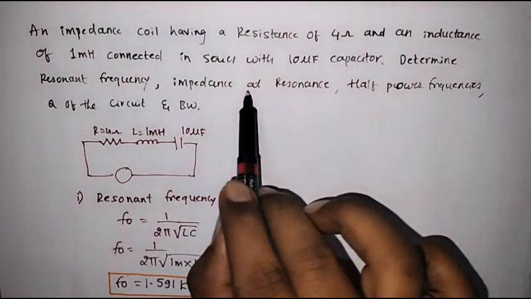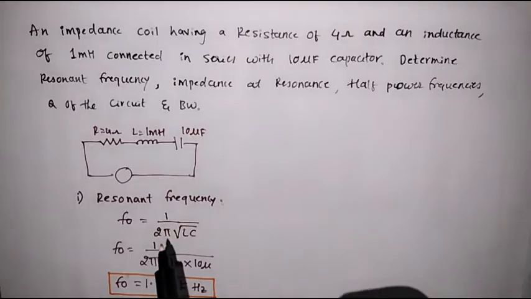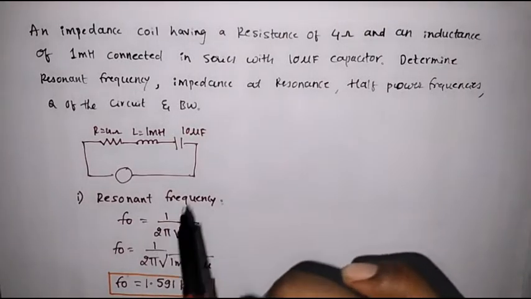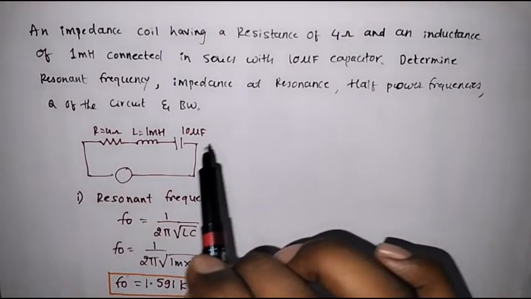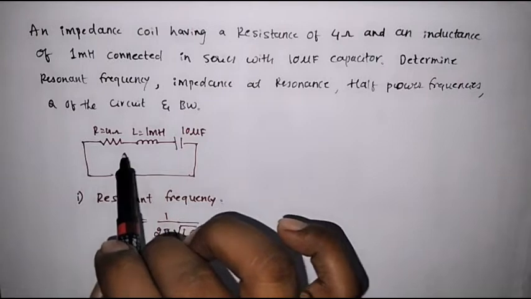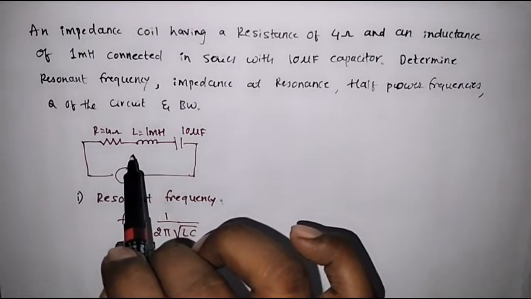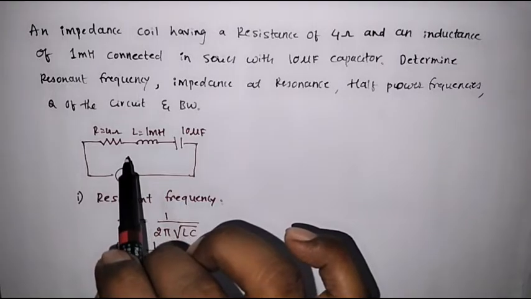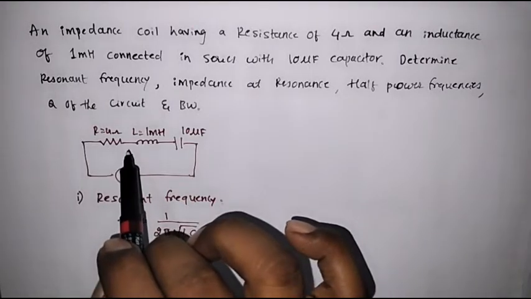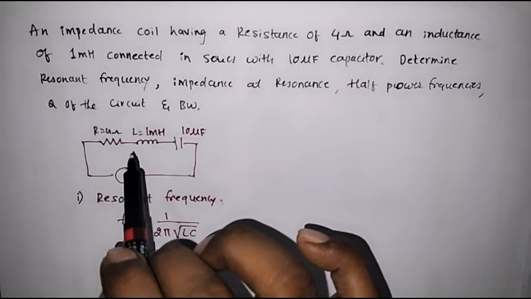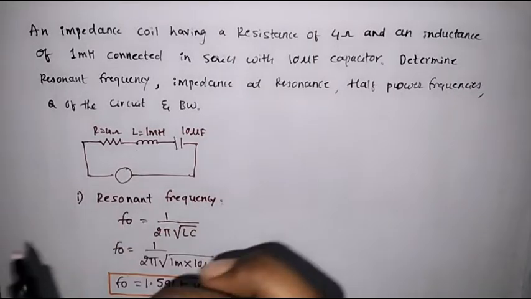Now let us find impedance at resonance. We know that in RLC circuit, at resonance, the inductive reactance value will become equal to the capacitive reactance, and both are having the opposite phase. Therefore those will get cancelled and net impedance of the circuit will be resistance itself.